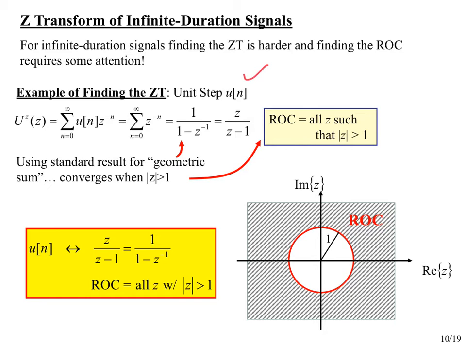So if we substitute in for our, well, first of all, once we plug in u of n here, our lower limit on our sum need not be below n equal to 0.